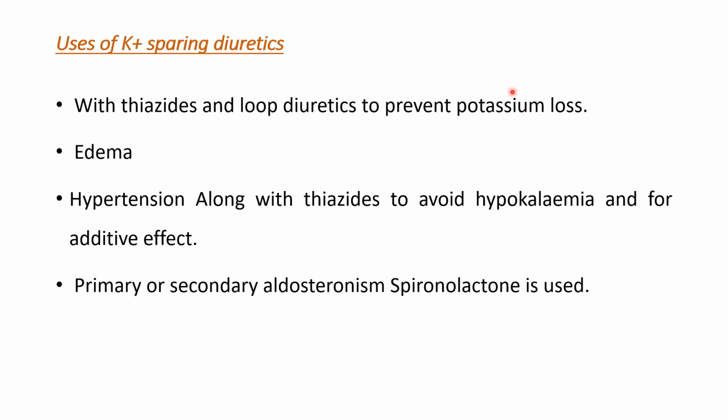Whenever we need potassium to be retained in the body, in such cases we give this potassium sparing diuretic with other diuretics. Another use is in the treatment of edema. It is also used in hypertension, and in primary or secondary aldosteronism spironolactone is used.